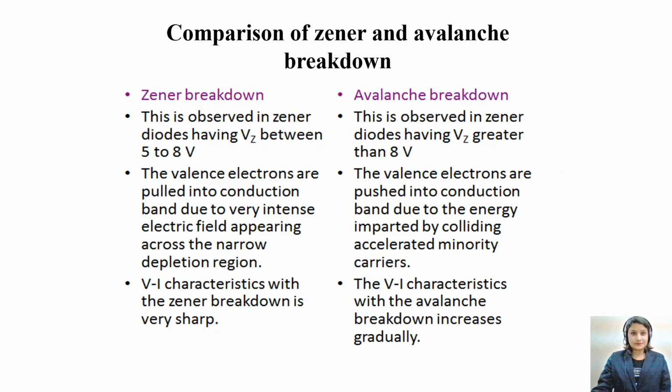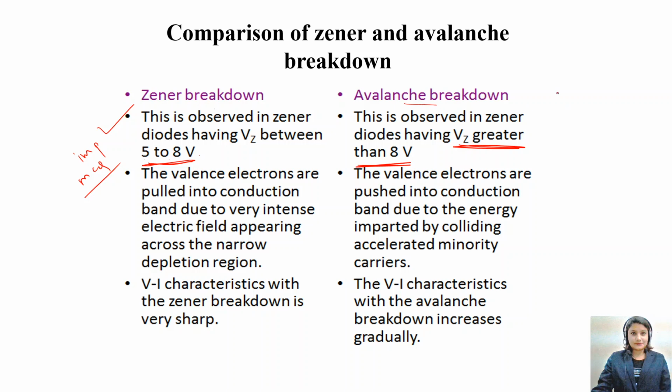Okay, so this is how you can go through the comparison between Zener and avalanche breakdown. The very first point is very important from your MCQ point of view. Zener breakdown will always be observed between 5 to 8 volts in any Zener diode in the universe, and avalanche breakdown in a Zener will always be observed at VZ higher than 8 volts.